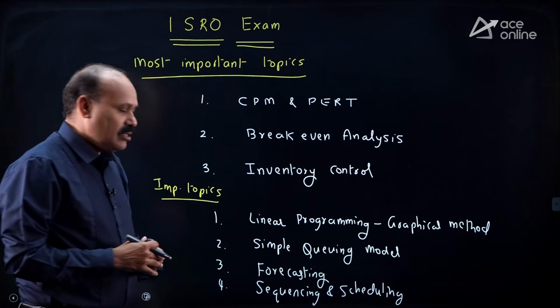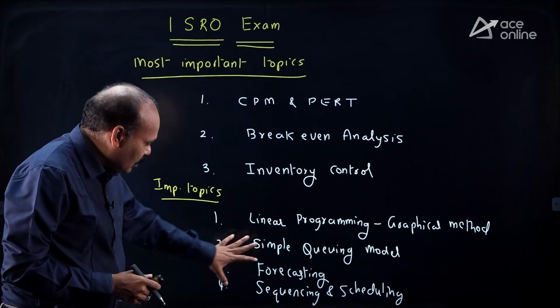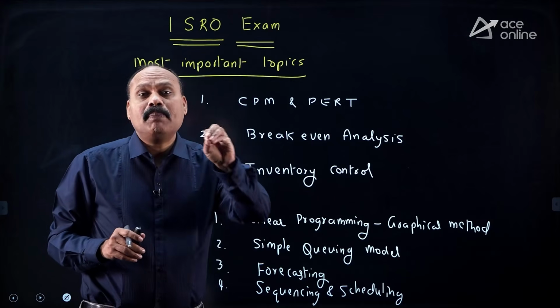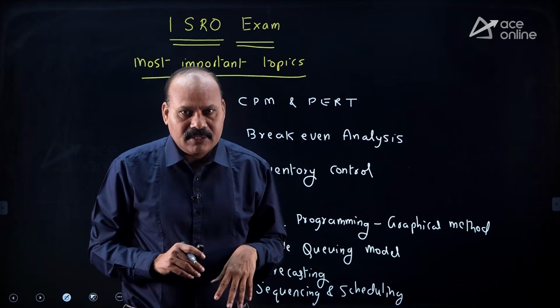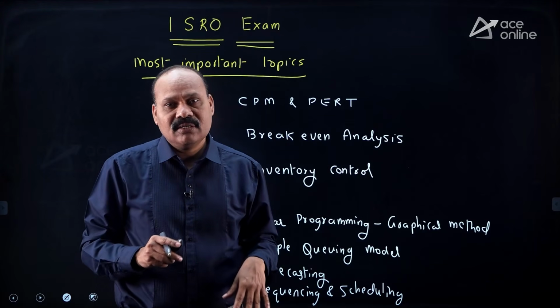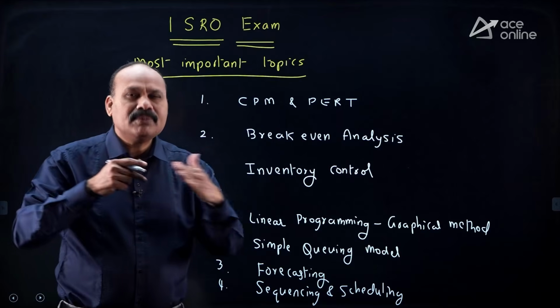My suggestion is, at least go through these topics, and particularly refer to GATE papers. If you refer to GATE previous question papers, you can get clarity. The ISRO paper is more or less the same standard.